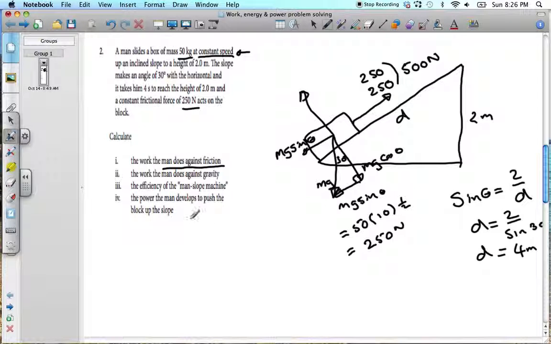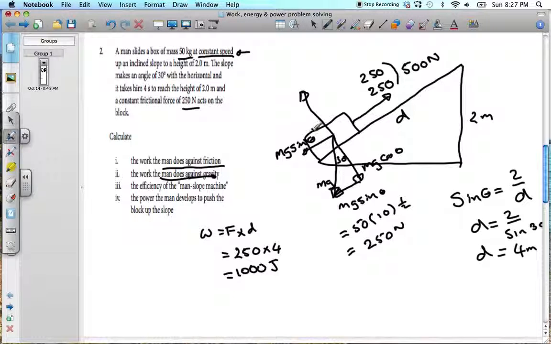So for the first one here, work is equal to force times distance. We get 250 times 4 is equal to 1000, sorry, not newtons. This is a unit of work, so it's an energy. So this will be joules.